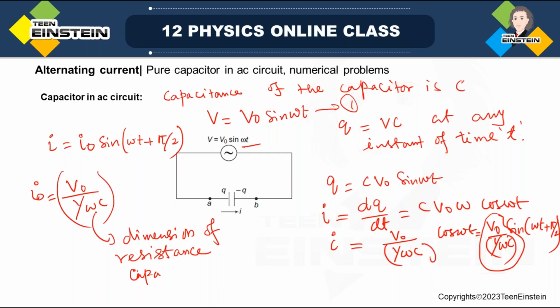So the reactance and the resistance are both actually having the same role. The role played by a resistor in DC is played by reactance in the AC circuit.